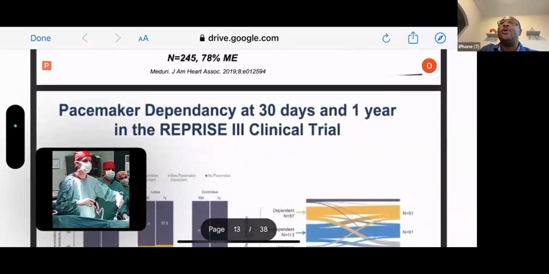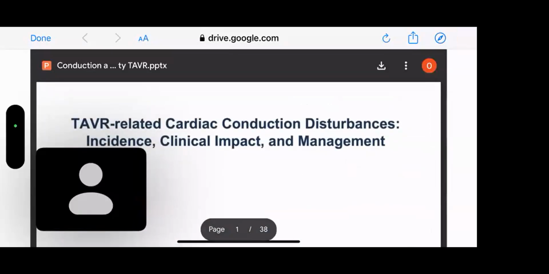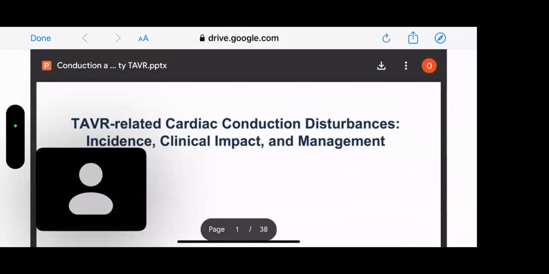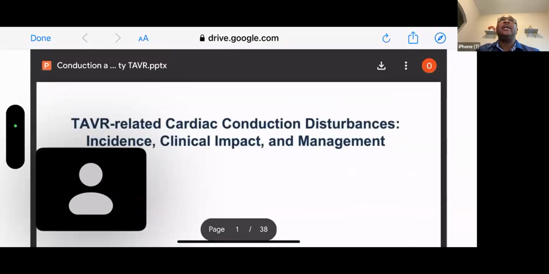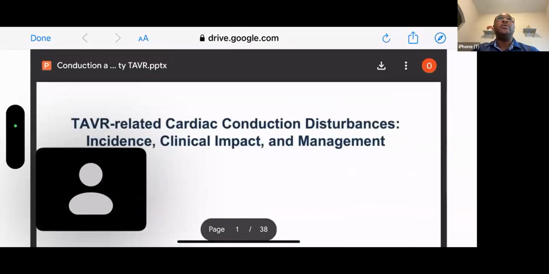Let me go through the evolution of TAVI or TAVR. When it came in initially, it was for those who are called inoperable, those who are not surgery patients. Over the years, they reduced it to only those who are high risk, using the STS score that surgeons use to determine if a patient is high risk.